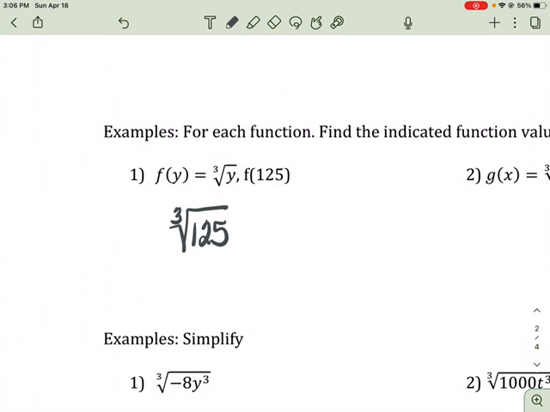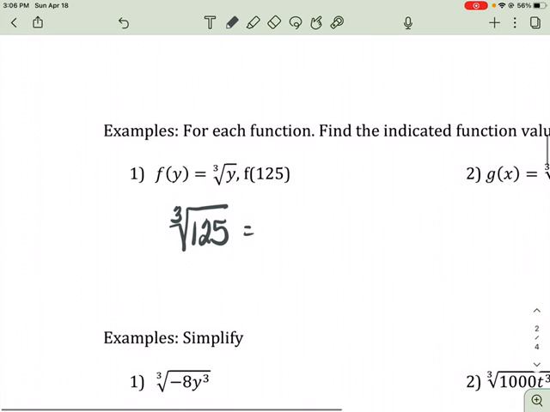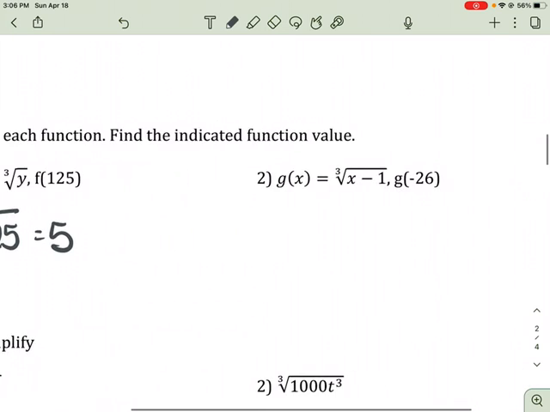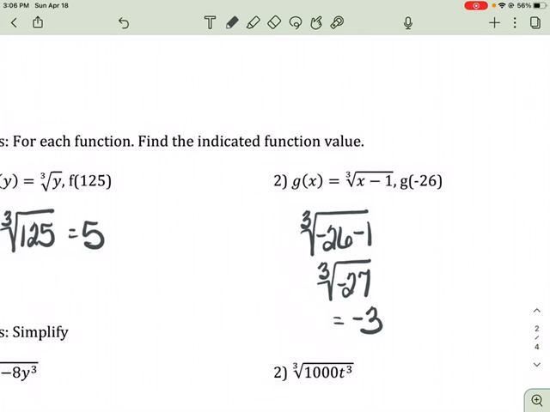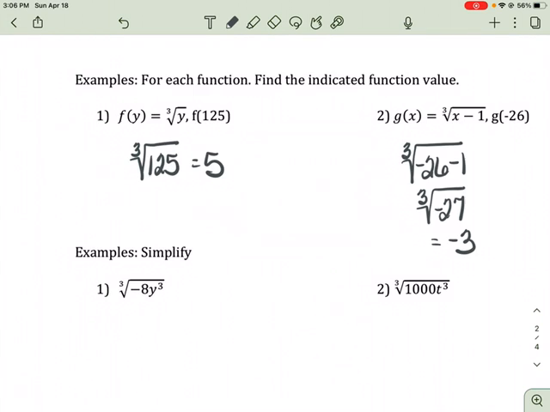What number times itself 3 times gives you 125? That's going to be 5. Then we have the cube root of -26 minus 1, which is the cube root of -27, which is -3, because -3 times -3 is positive 9. Positive 9 times -3 is -27.